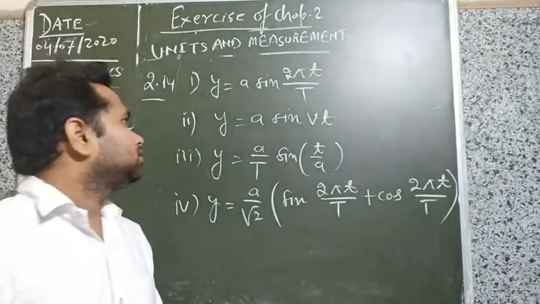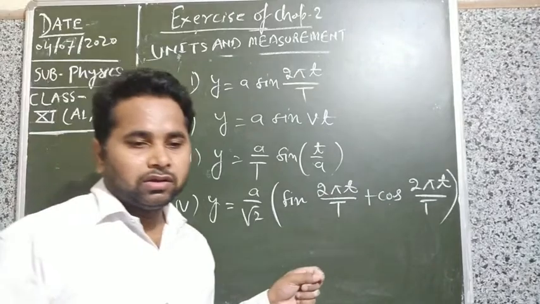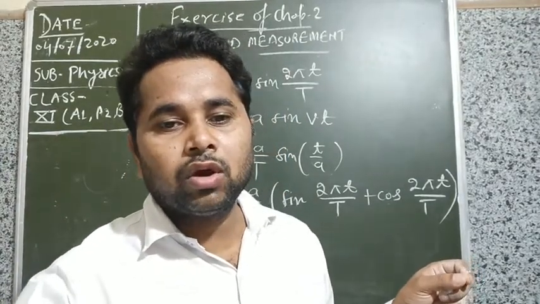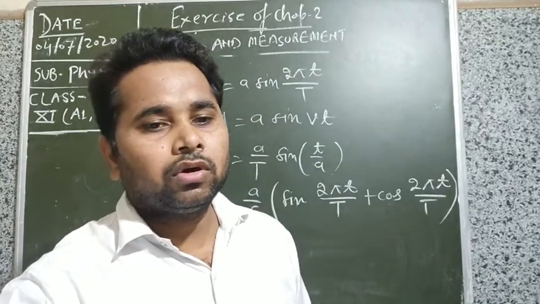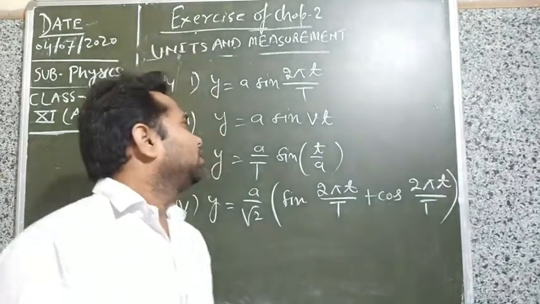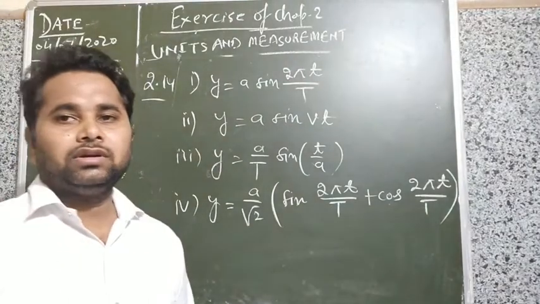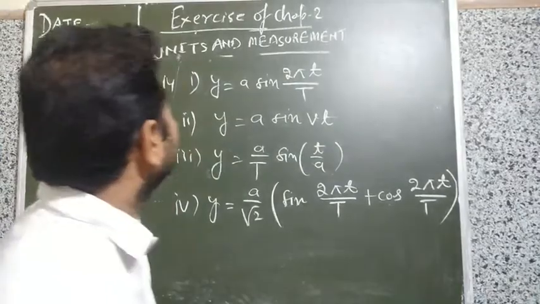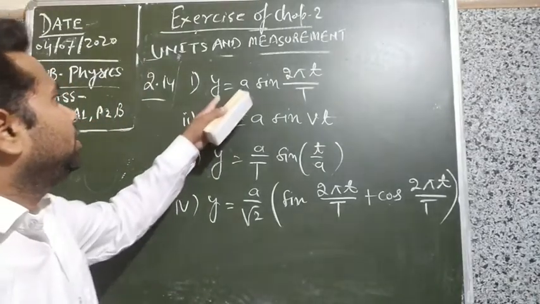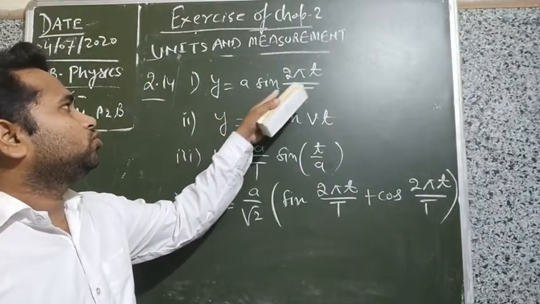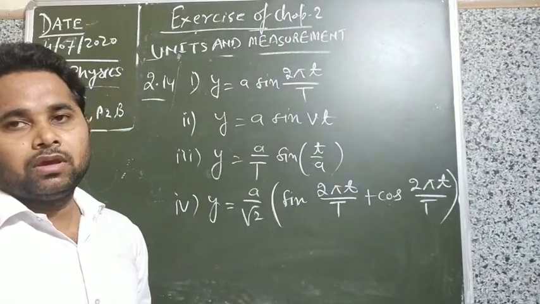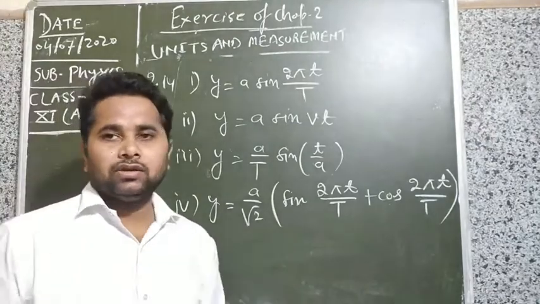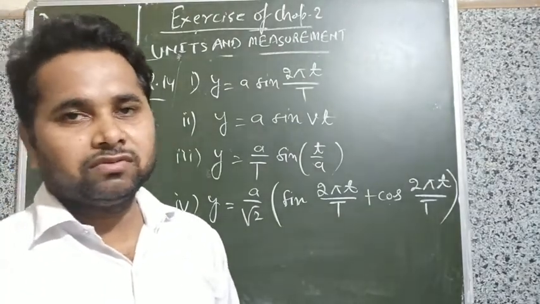So for all these terms we have to see that the question is to rule out the wrong formula on dimensional grounds. We have to check the dimensional correctness of the relation. See here one by one. The first relation, y equals a sin 2 pi t by capital T. If this relation is dimensionally correct, then on both sides all the terms should have the same dimensional formula.